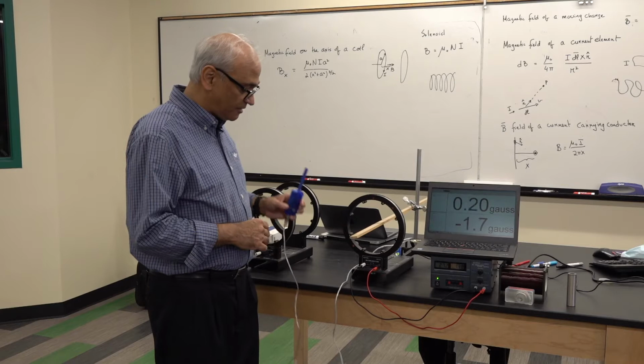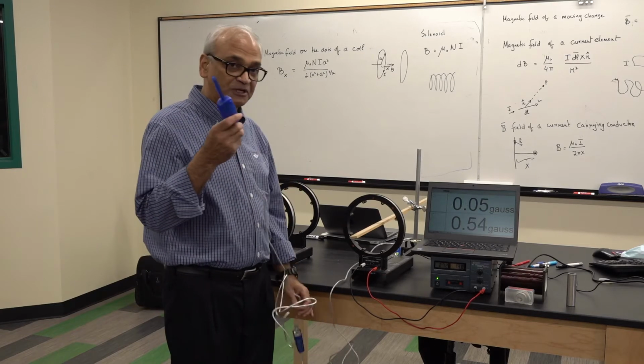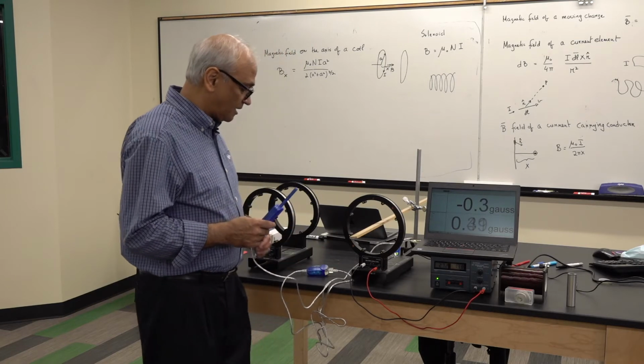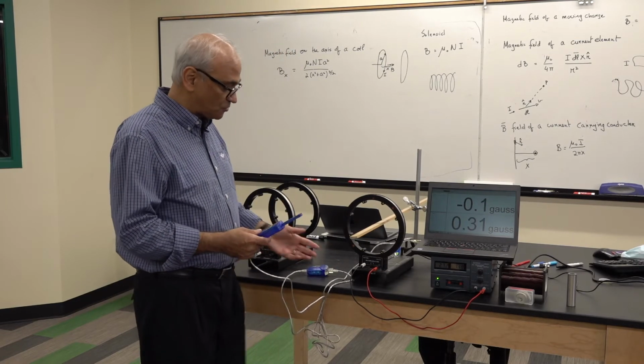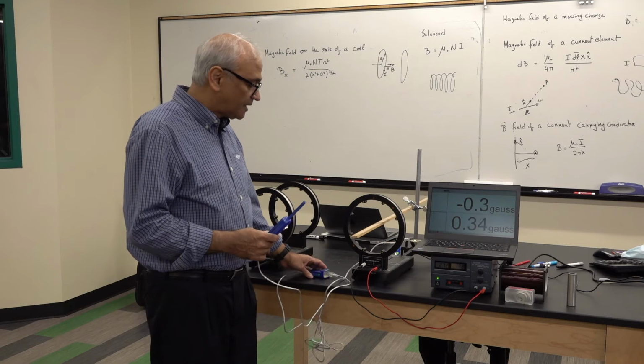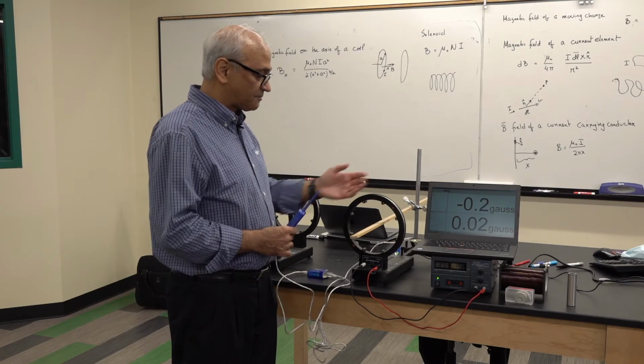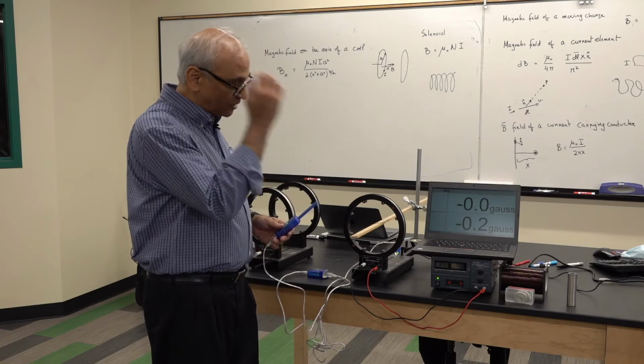And what I have here is one of those magnetic field probes that is very handy. And it, of course, goes through, what do you call it, an interface, so that I can get some digital numbers on the computer screen.